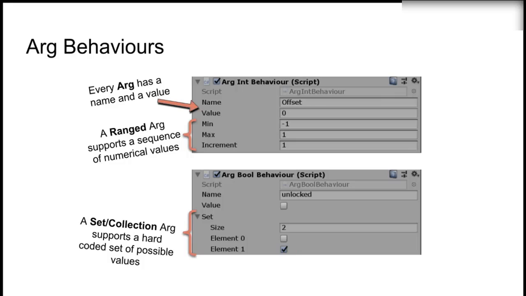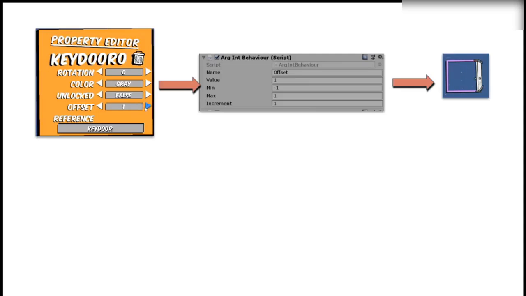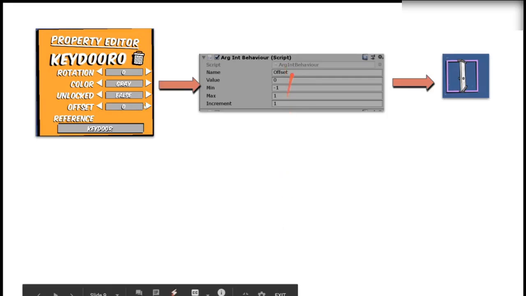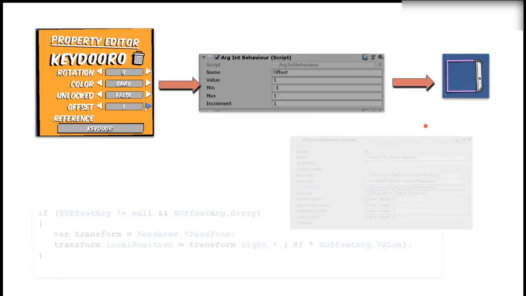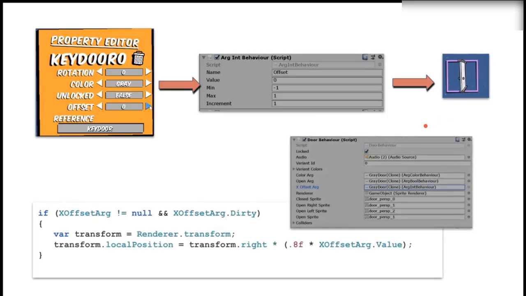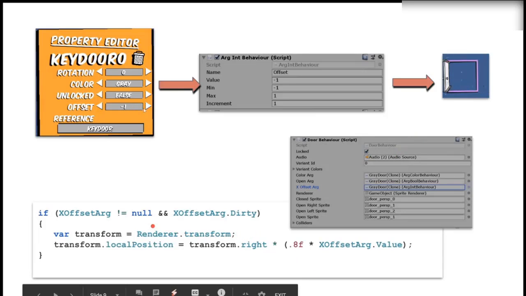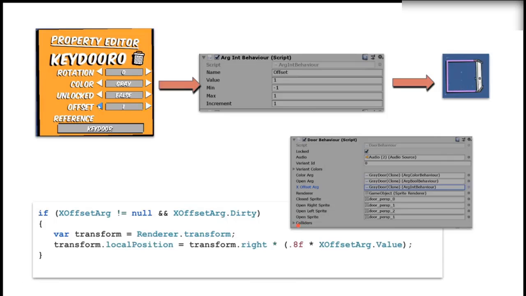As you change these properties, you can see that the actual value in the arg behavior changes, which drives some sort of behavior in the actual game object. So as I'm clicking around offset, this door is sliding left and right. The code that actually handles that isn't super interesting, but I wanted to call out that these arguments can be accessed from other parts of your code base.